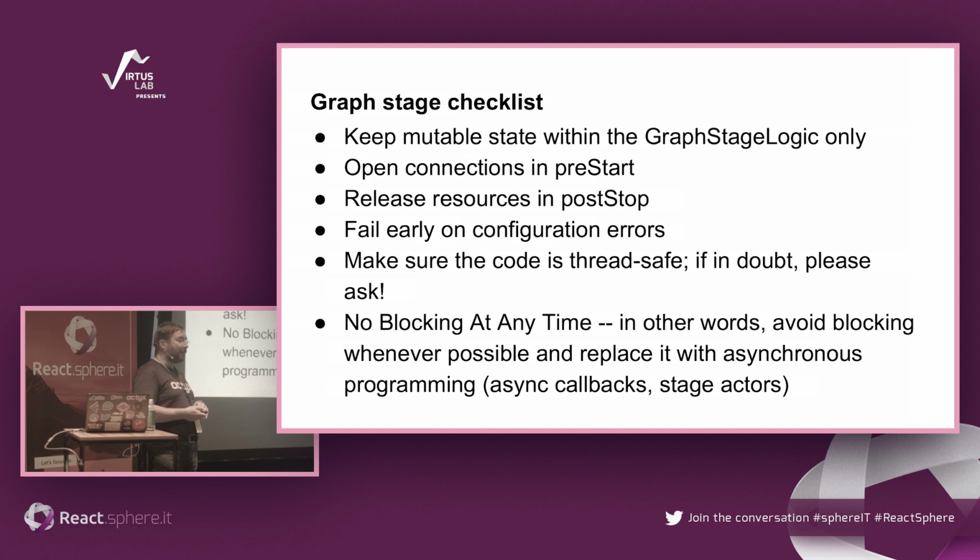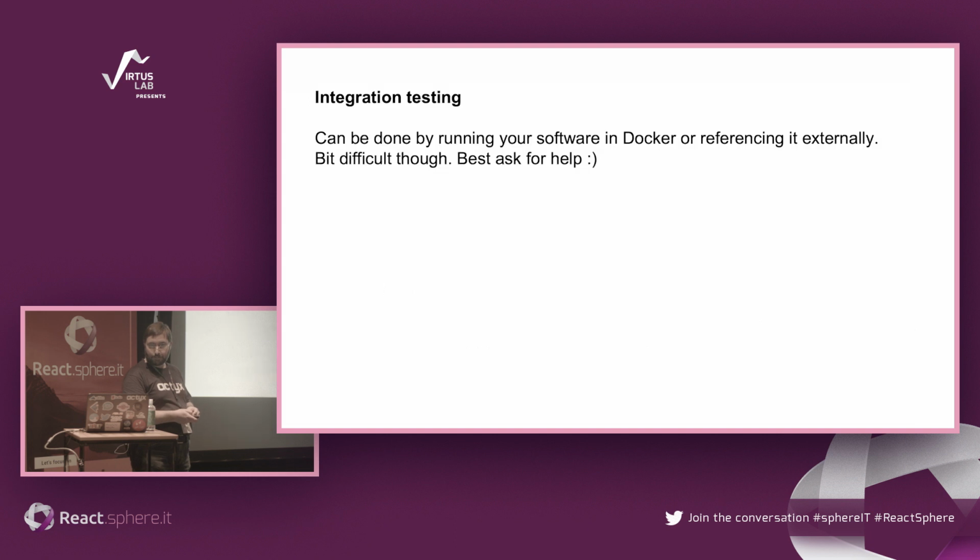If you have more complex resources to manage, then you need to think about that more carefully. No blocking at any time, which should probably come with a star, because we've already seen some little blocking today, maybe in one of the slides. So avoid blocking whenever possible and replace it with asynchronous programming.